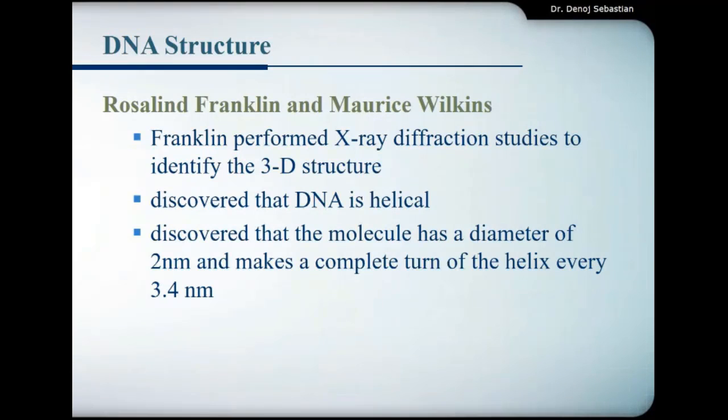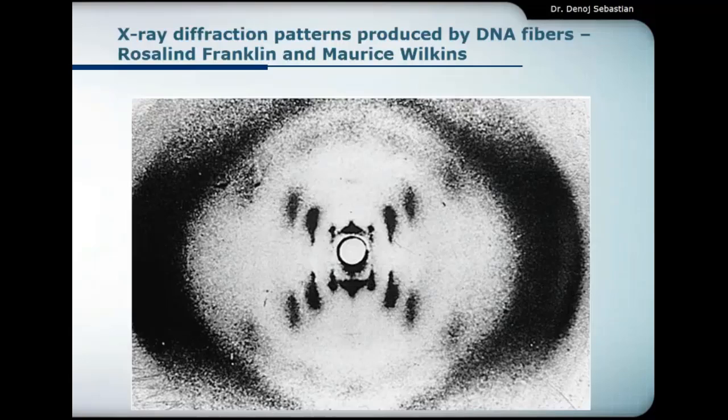We already know that. So those observations were actually deduced from the X-ray diffraction study results of Rosalind Franklin and Maurice Wilkins. This is the X-ray crystallography structure of DNA published by Rosalind Franklin et al.